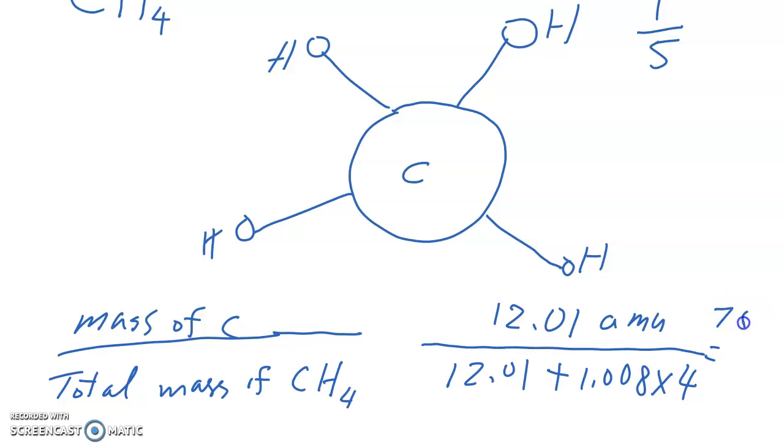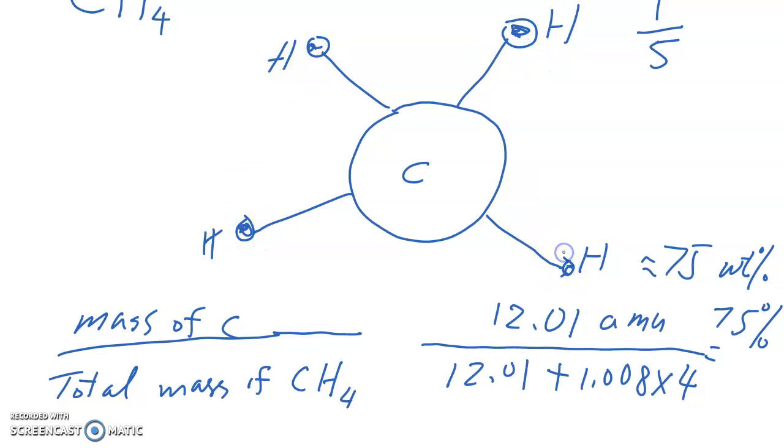Roughly 75% weight percent. Sometimes for weight percent, we write approximately. Okay, so the majority of the weight in this molecule is on carbon because the hydrogen is very light as compared to carbon. So let's see the difference.